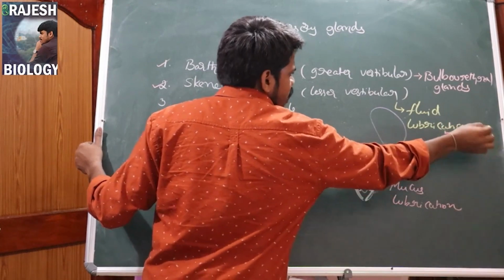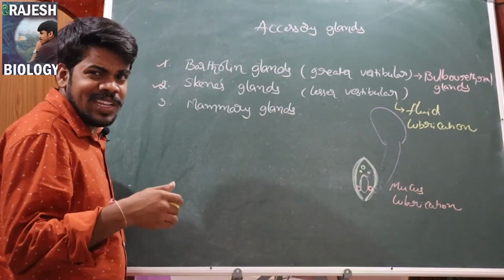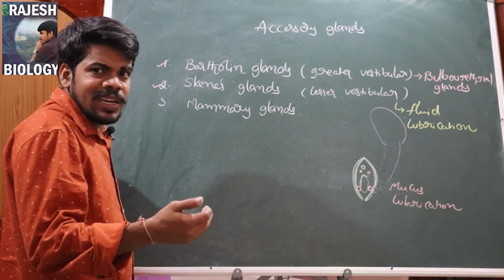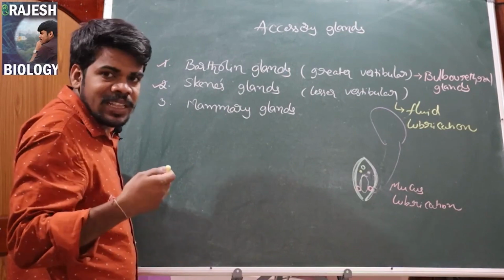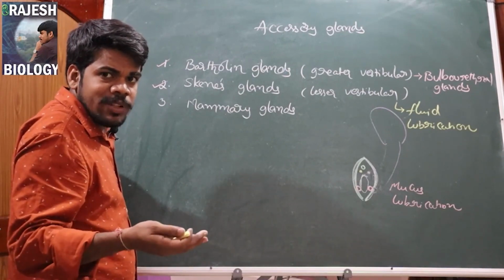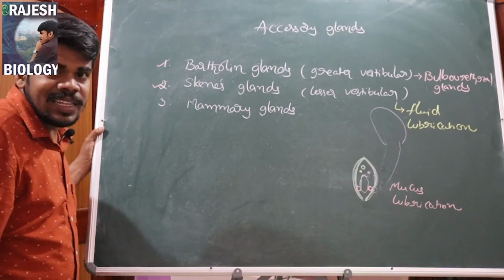This fluid is released when the female gets stimulated. When these glands get stimulated, they release the fluid. That fluid helps in the lubrication. Okay, this is about Skene's glands.